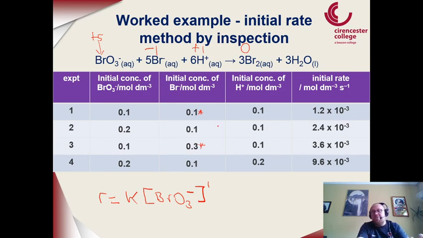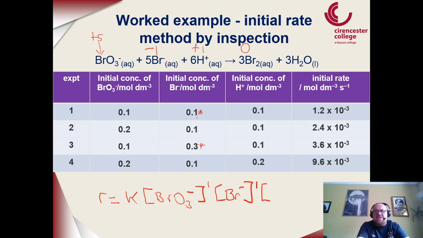So we can see that the order with respect to the bromide ion is 1. It's first order. And we've got one more component, which is the H plus ions.